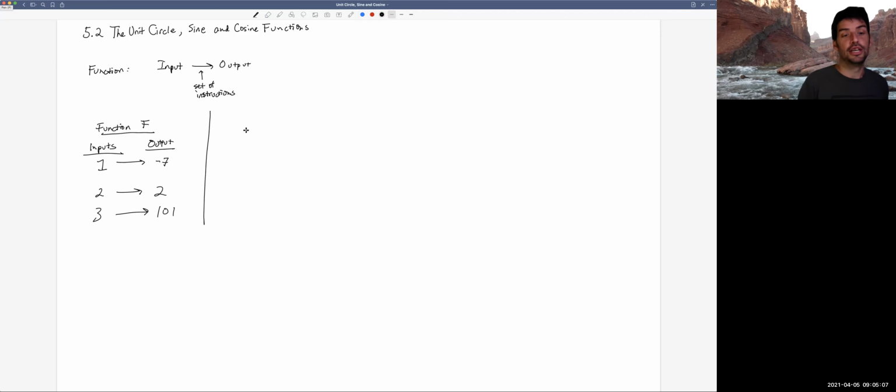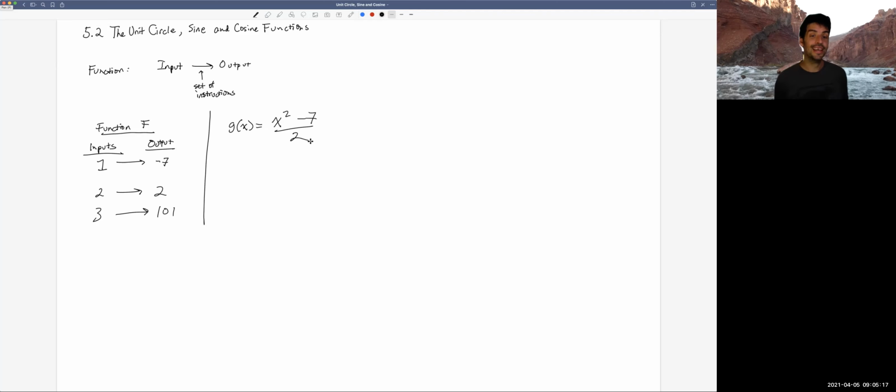Functions you're more familiar with might be something like this. G of x is equal to x squared minus 7, divided by 2. This algebraic expression here is the set of instructions I was talking about.